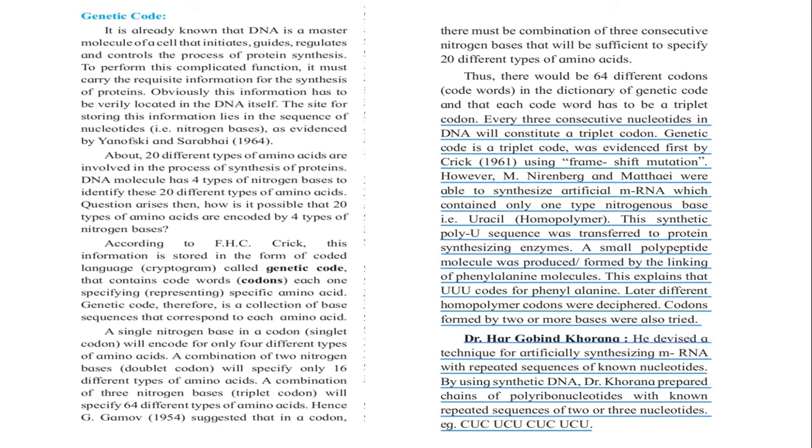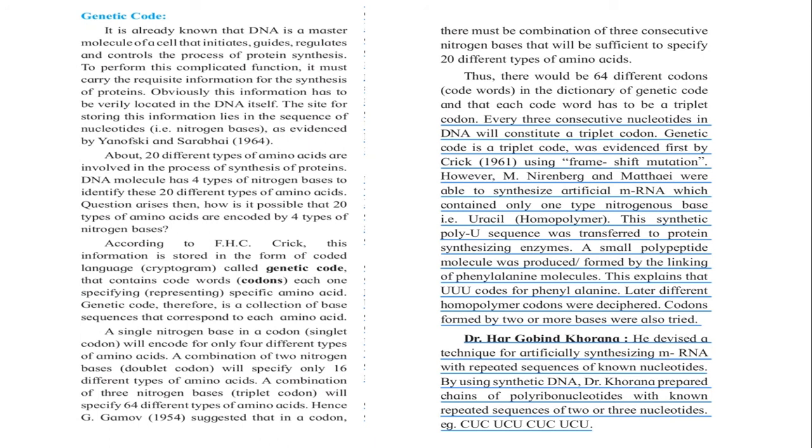That will not be sufficient to specify 20 different types of amino acids. Thus, there would be 64 different codons in the dictionary of the genetic code, and each code word has to be a triplet codon. Every 3 consecutive nucleotides in DNA will constitute a triplet codon.